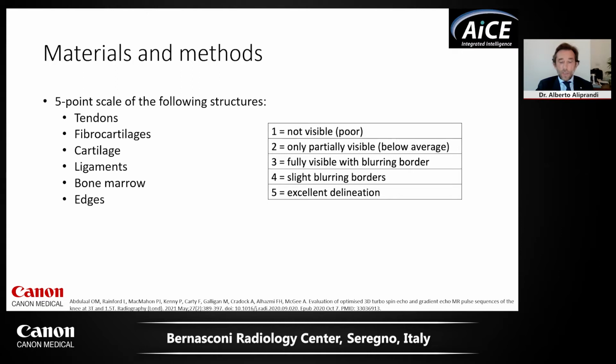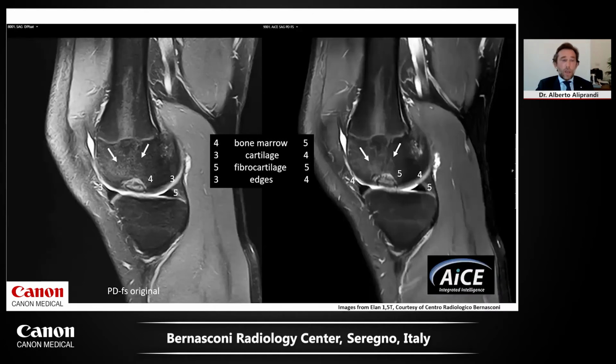Anatomical structure is not visible, anatomical structure only partially visible, anatomical structure fully visible with substantial blurring of borders, anatomical structure fully visible with slight blurring border, and finally 5 points for excellent delineation of anatomical structure.